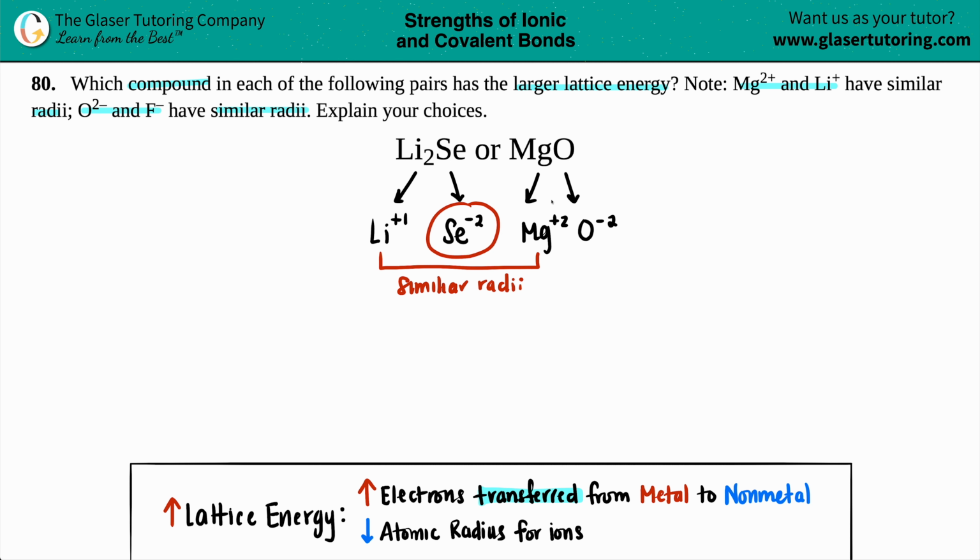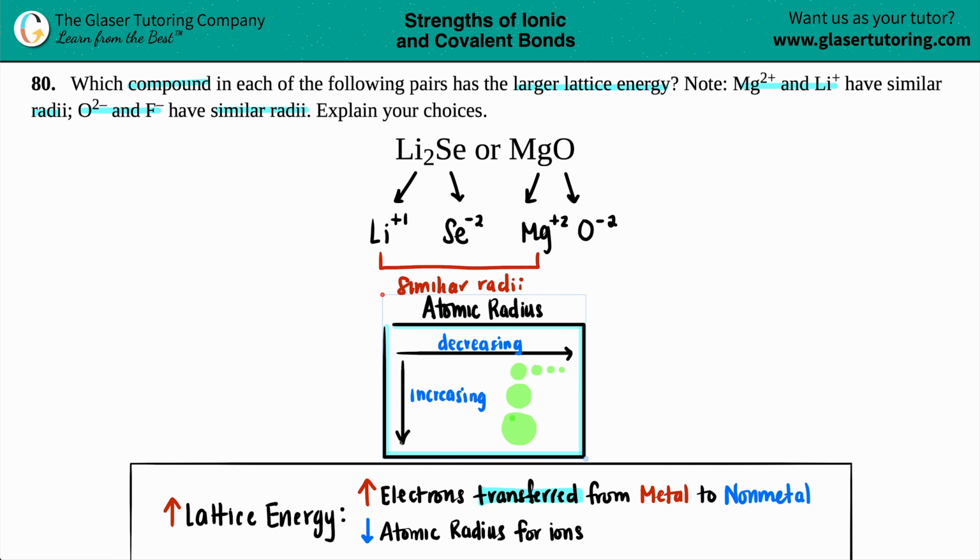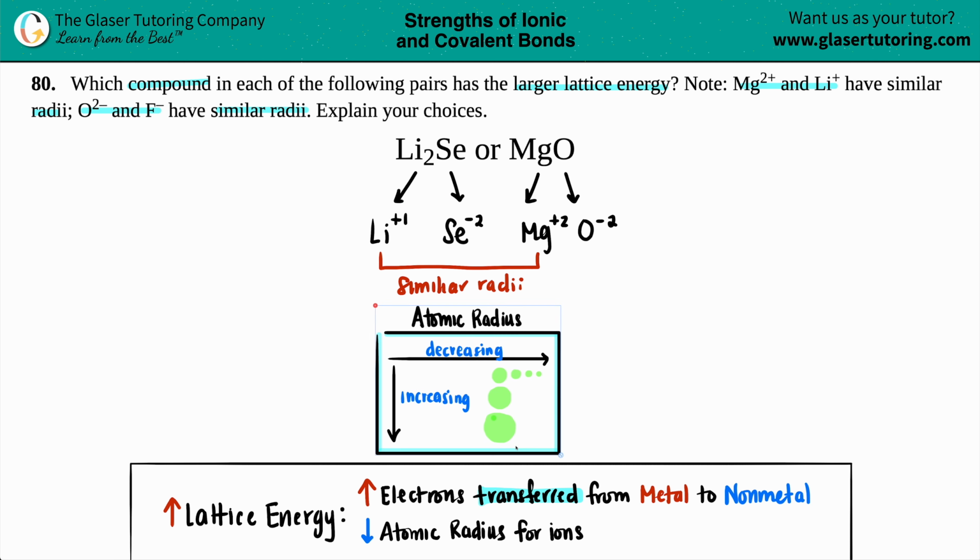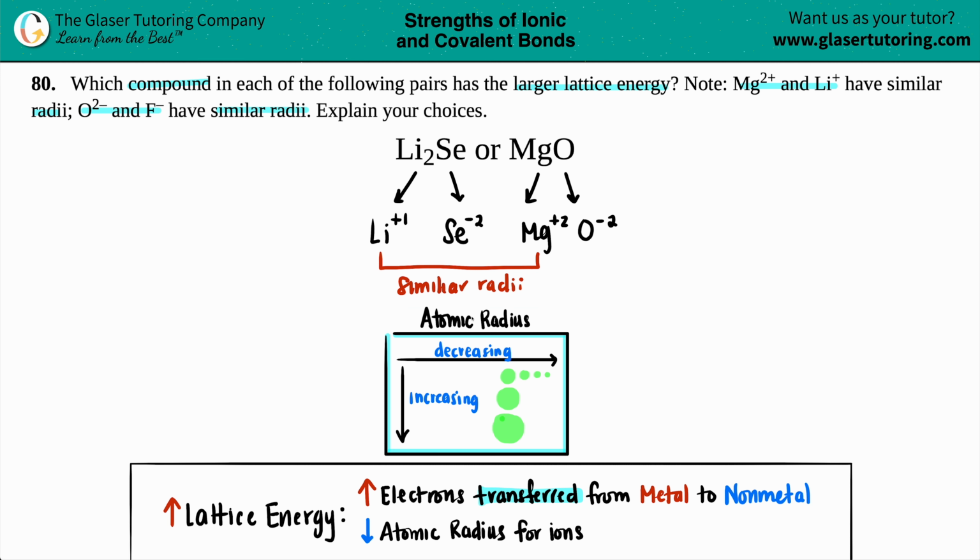Now let's see what the atomic radius would be for selenium and oxygen. This is going by our atomic radius trend, which is this right here. Our atomic radius trend always decreases as you go across a period, but it increases as you go top to bottom.